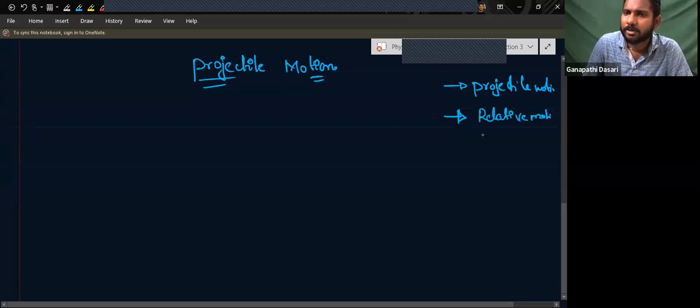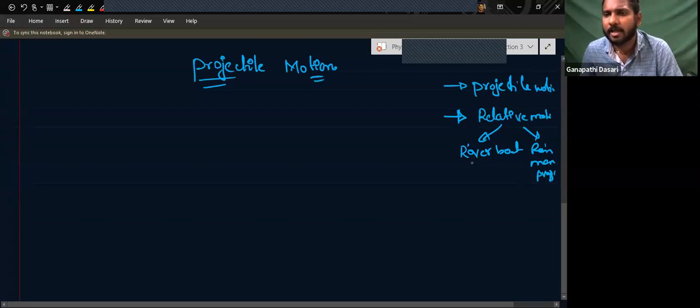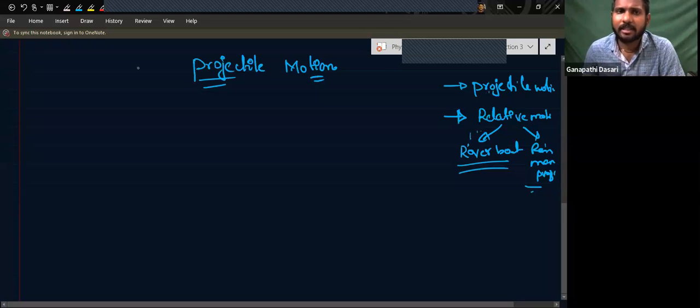In relative motion, there are 3 types of problems: riverboat problems, rainman problems, and some general problems. If you are clear with these, then our problems will be solved in 2D also.